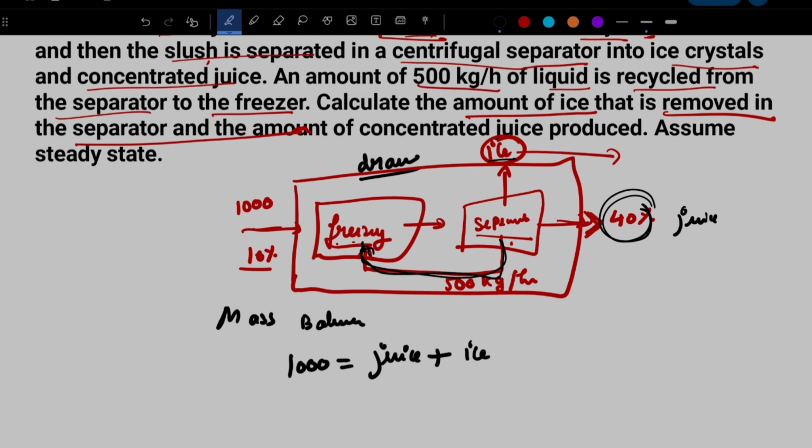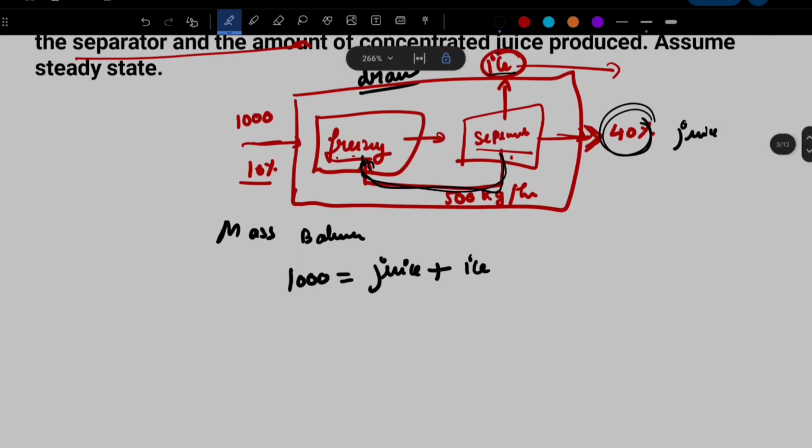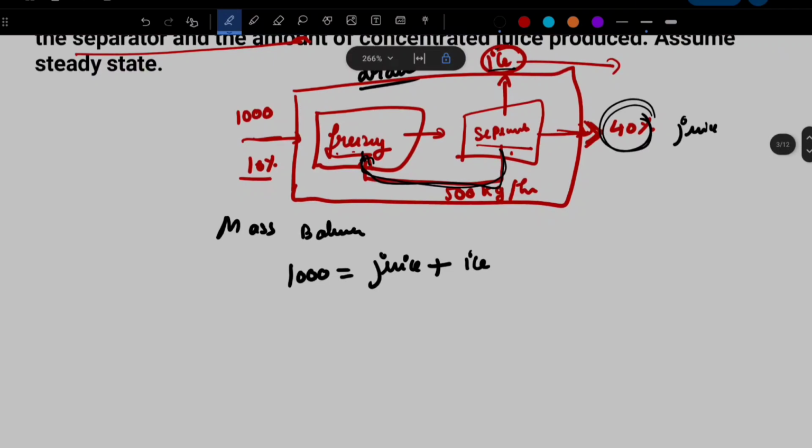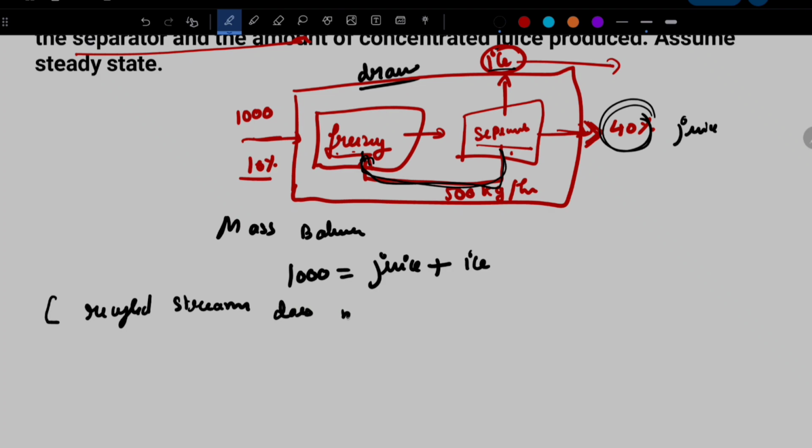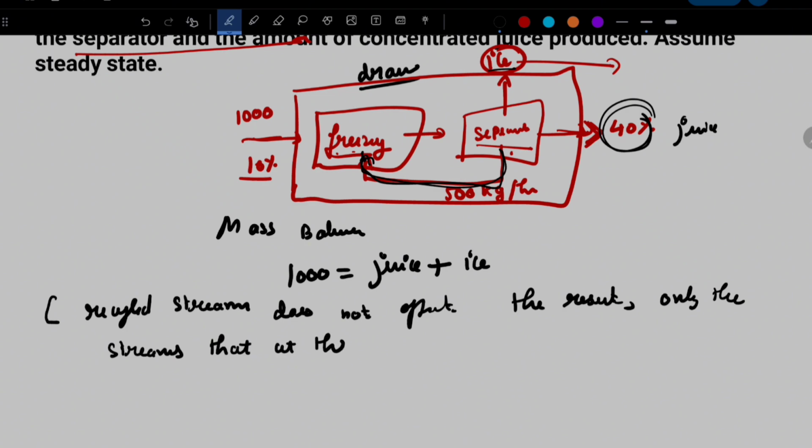You are wondering how this happened, right? Let me rephrase it so that you can easily understand. A recycled stream does not affect the result. Why? Only the streams that cut the envelope, or cut the system, take part in the mass balance.